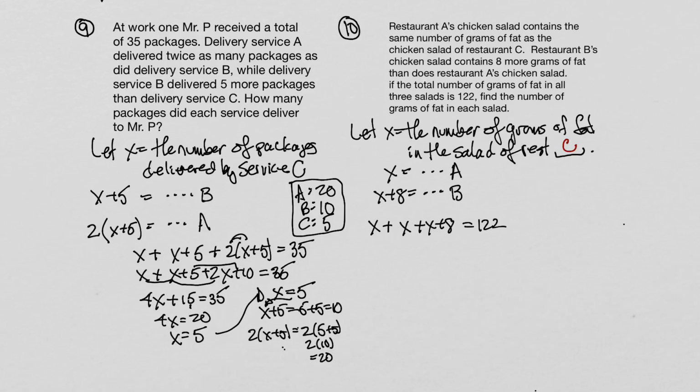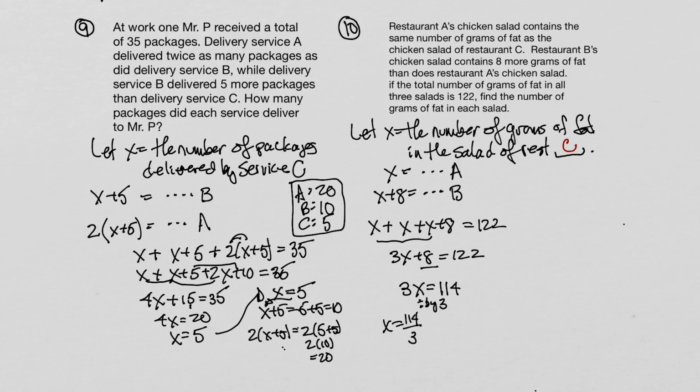There's our equation. We can solve this. So X plus X plus X is 3X plus the 8 equals 122. Let's subtract that 8, so we'll get 3X equals 122 minus 8 is 114. And now let's divide by 3, so we'll get X is 114 divided by 3.